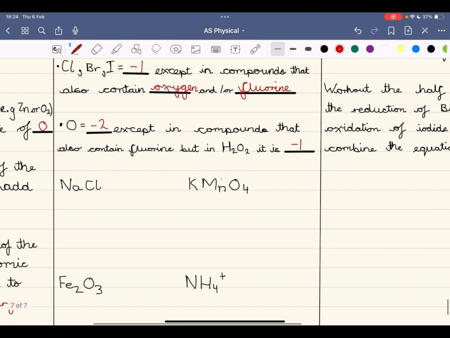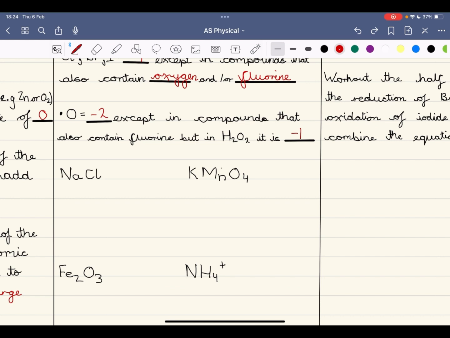So here's some examples for us to try. Sodium is in group 1, so it's going to be +1. Chlorine is in group 7, so it's going to be -1. Potassium is in group 1, so it's going to be +1. Oxygen is going to be -2. And then to work out Mn, we use the fact that the overall oxidation state is going to be 0.